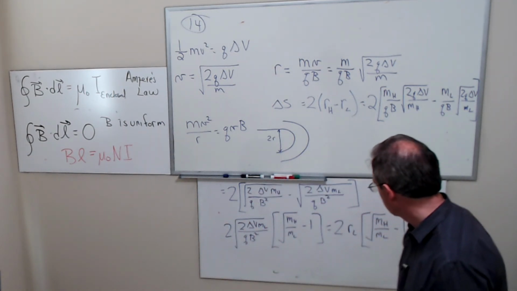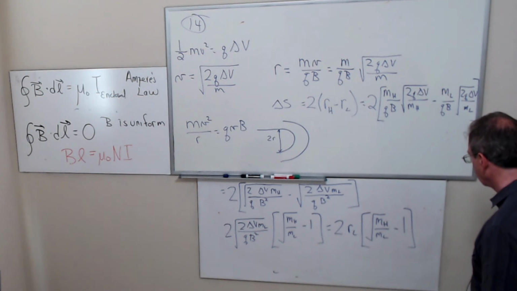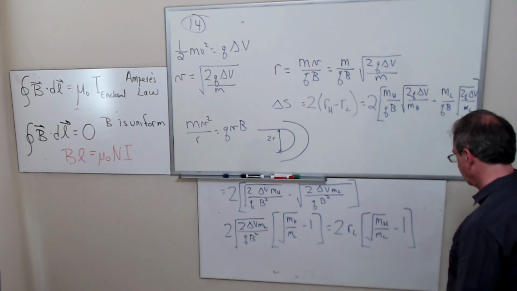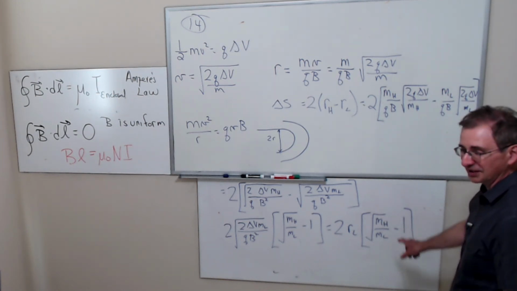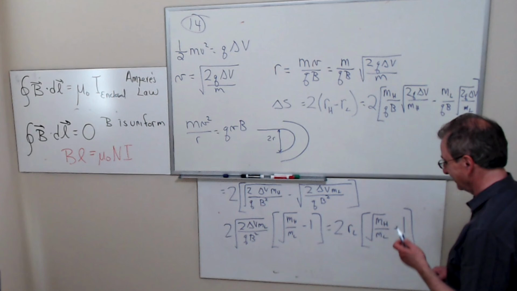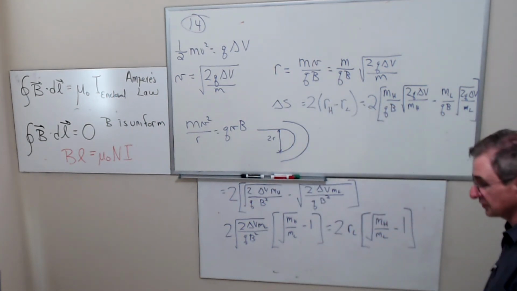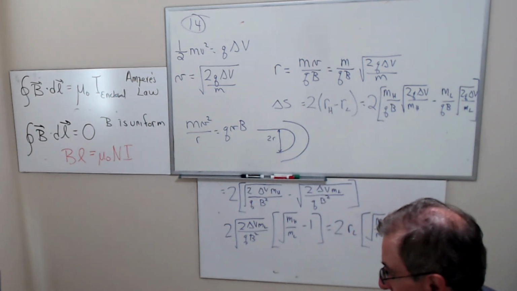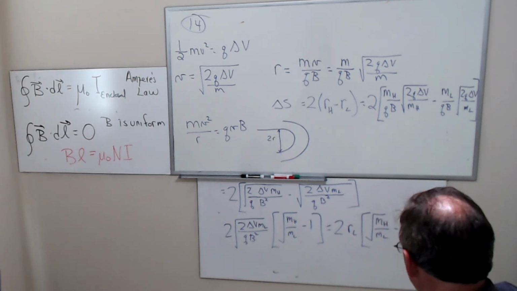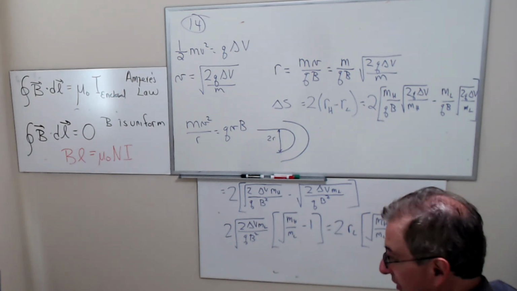How did you factor out the mass of the lighter particle? Oh, I see. Sorry. So you get a nice simple expression, don't you? After all that mess, you get a real simple expression. And that's it.